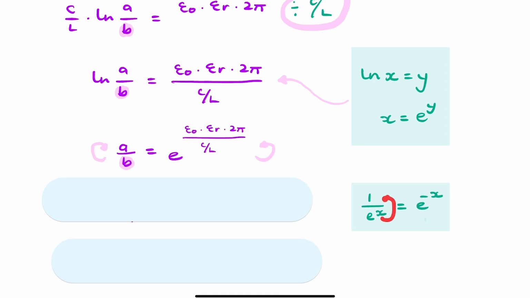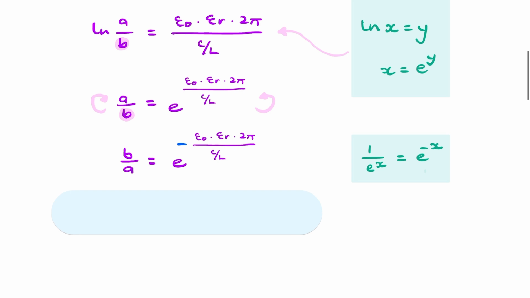It has the effect of bringing something from the numerator down to the denominator, or the other way around. So if I'm going to flip this and turn it into b over a, then I can flip the other side, and that becomes a negative, right? So that is where that came from. Okay, so that's that step.